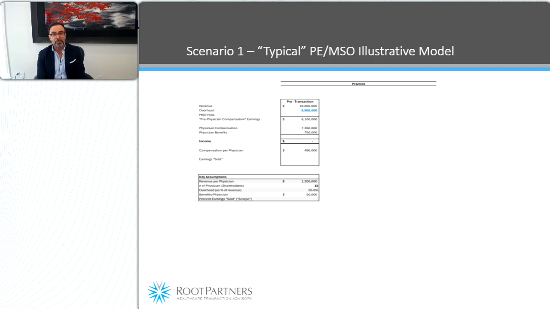And you can see in my example that the physicians are taking $750,000 of that through some form of benefit, and another $7.3 million or so in compensation. And that could be a draw, plus distributions of earnings at the end of the year, depending upon how the organization is structured. And there are some key assumptions down there. Again, nothing particularly important other than I've got 15 doctors in this example with $1.2 million of revenue each and an overhead of 55%.